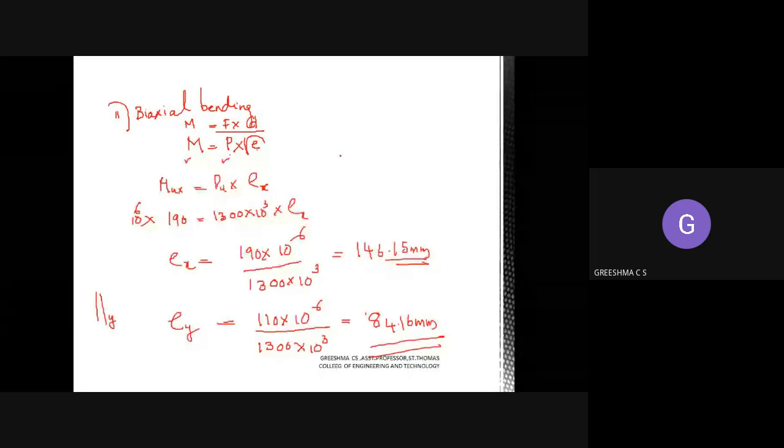Now we have to see how much is the minimum eccentricity as per the IS 456. That is given on page number 48. It is equal to L by 500 plus D by 30, where D is the dimension of the column.